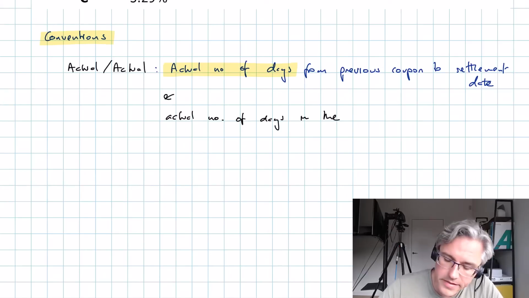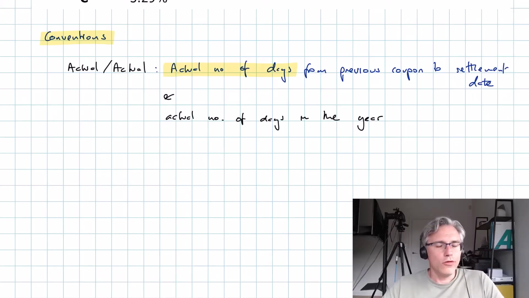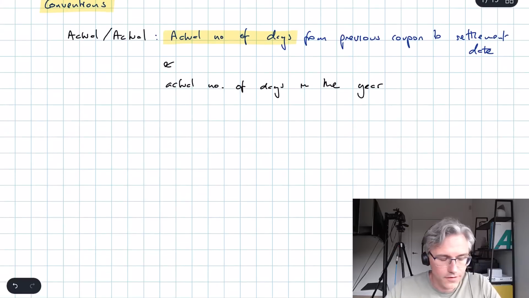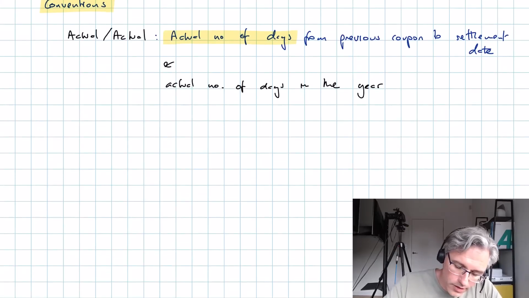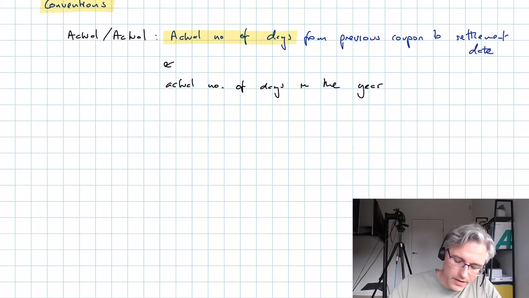You can go back to that video on full price, flat price and accrued interest to perhaps look back at this. Now, the alternative, and that is, I believe, the one that I used in that question back in that video, is the 30 by 360 convention.